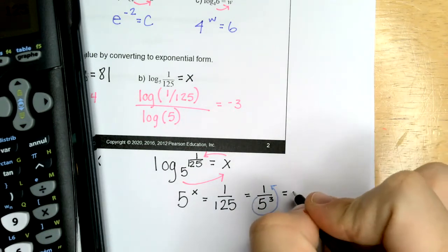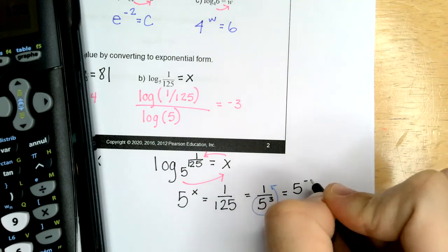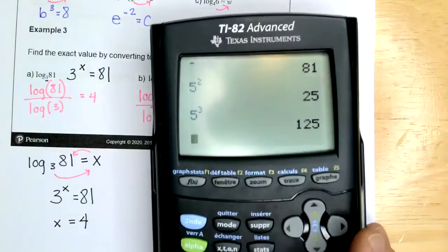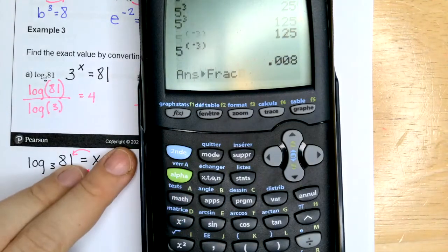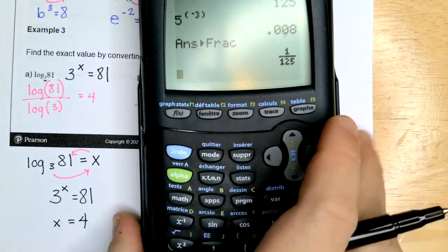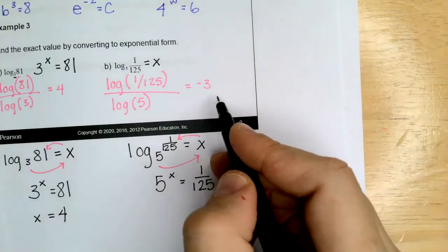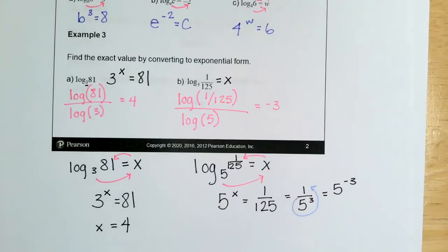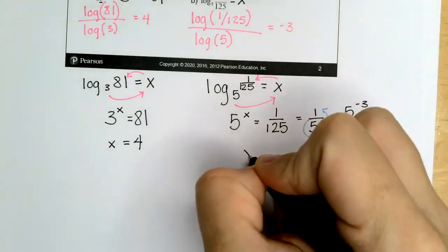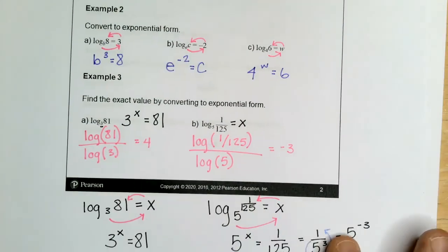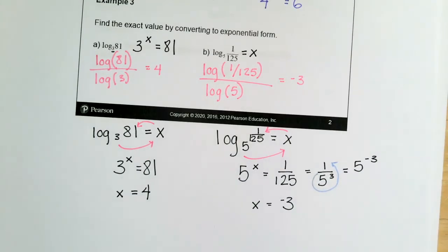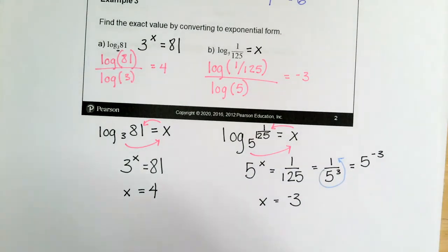I make it the opposite, right? So that's 5 to the negative third. Let's try it. 5 to the negative third is 1/125. So x is negative 3. You can solve it using your calculator, or you can solve it using logic and what you know of exponents. All right.